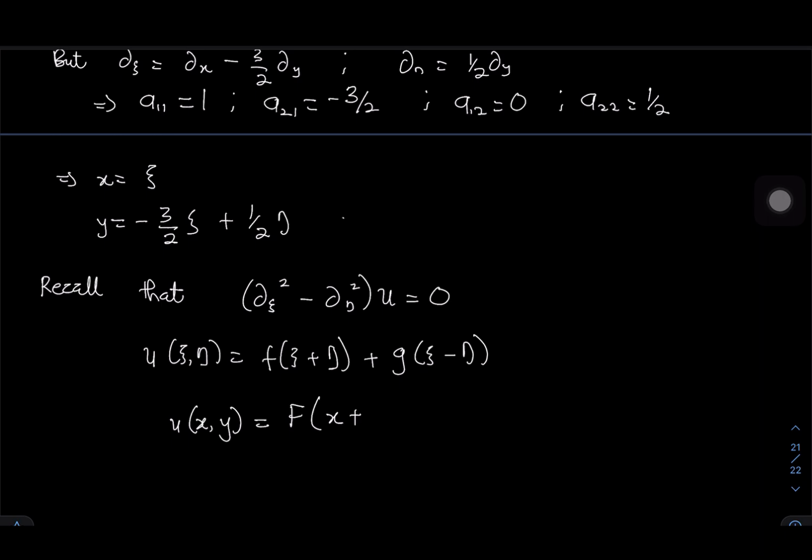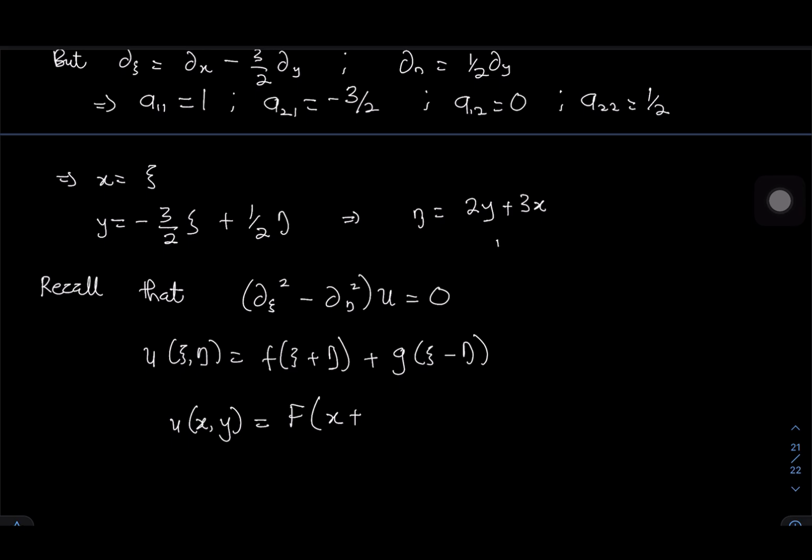Eta is going to be, from here, 2y plus 3x.